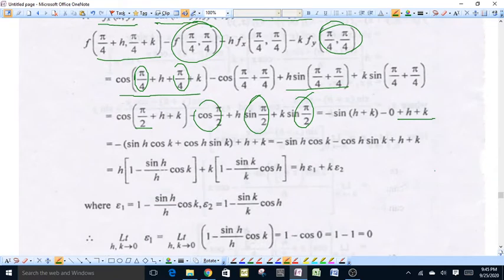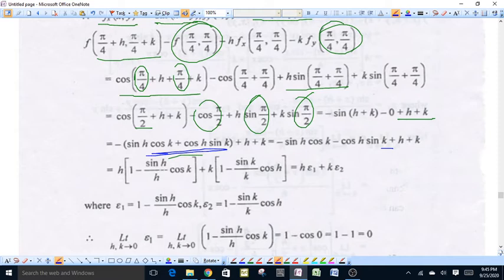By using the trigonometric formula of sin(a + b), we get -sin h cos k + cos h sin k + h + k. This will be equal to -sin h cos k - cos h sin k + h + k.